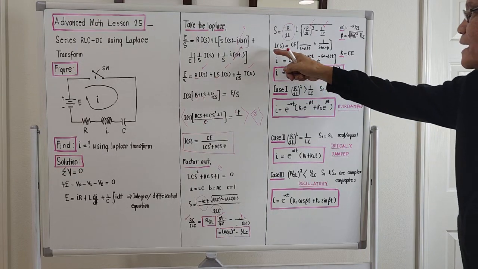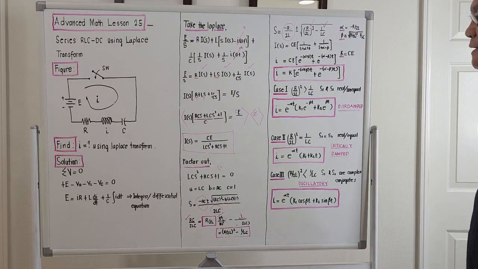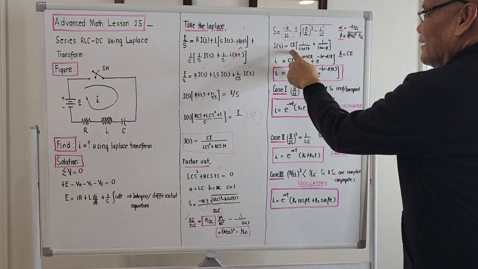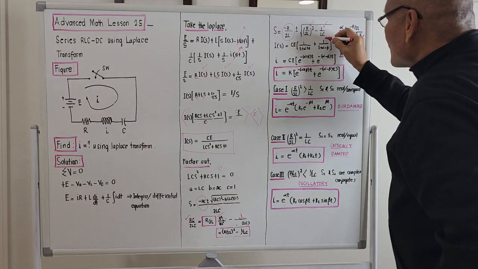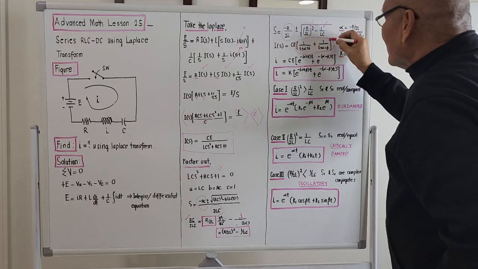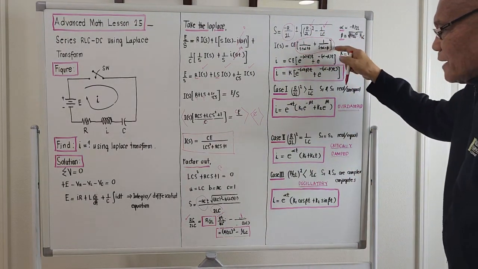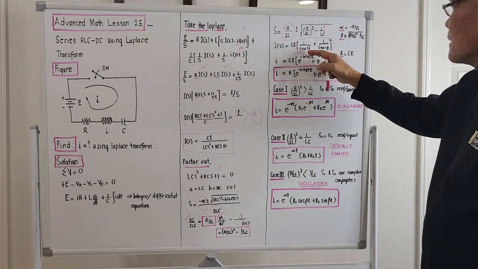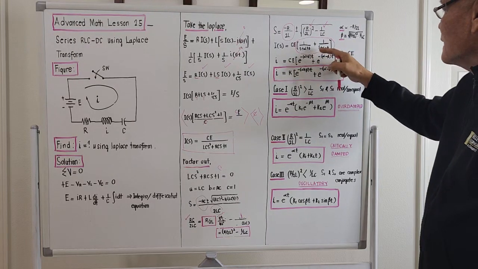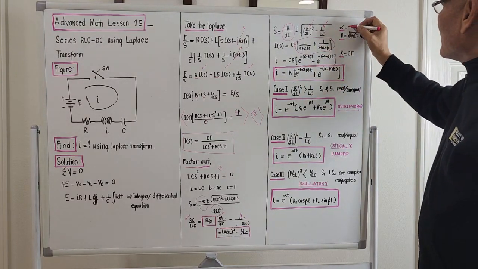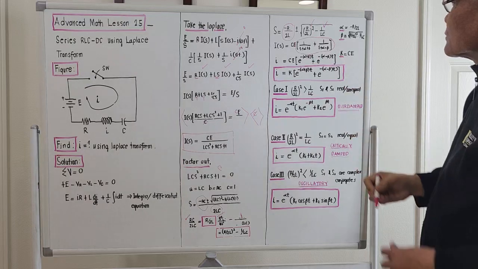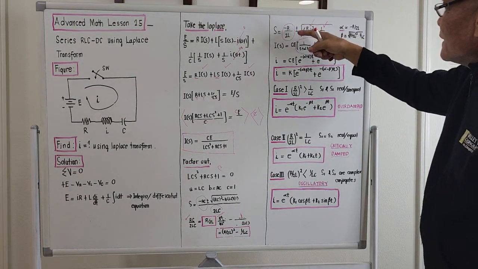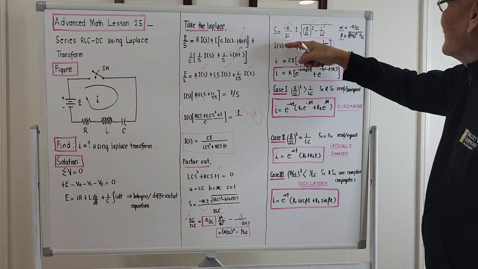So capital letter I as a function of S should be equal to, I will go back here, CE times this equivalent over here. This equivalent from the resulting one is actually 1 over S plus alpha plus beta plus 1 over S plus alpha minus beta, where the value alpha is actually the first root. If we consider the positive side, alpha is actually minus R over 2L, okay?